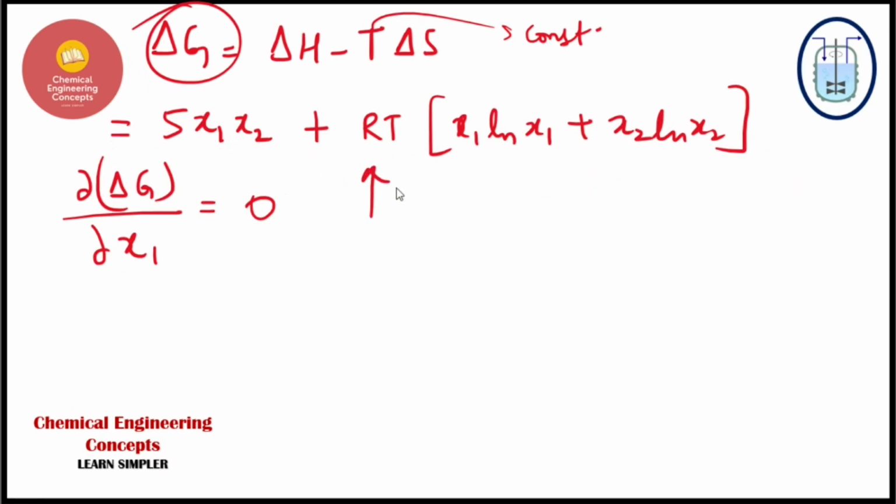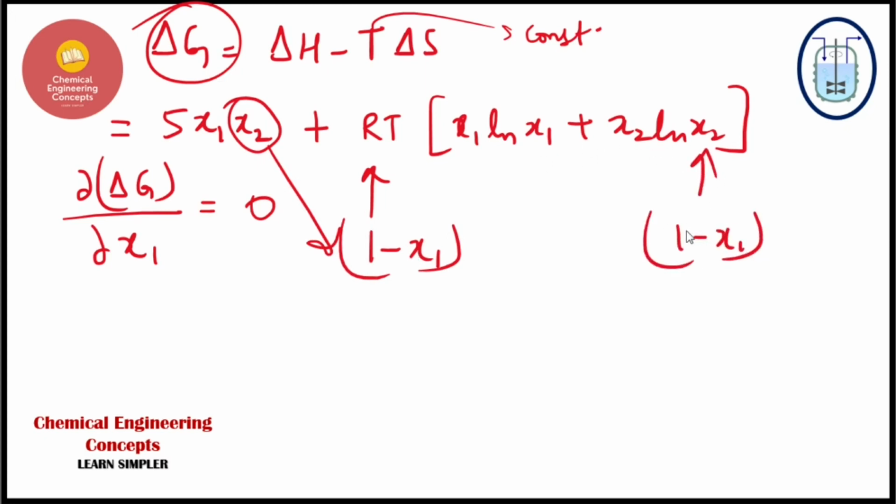To differentiate first, guys, here you replace x2 by 1 minus x1. Here also you will replace x2 by 1 minus x1, so that the whole equation, the whole relationship, comes in terms of x1. And then you will differentiate it and just equate it to 0.